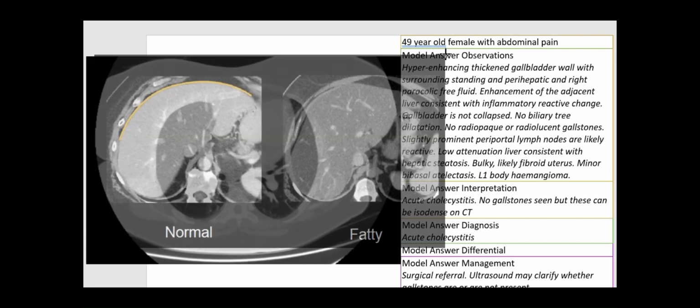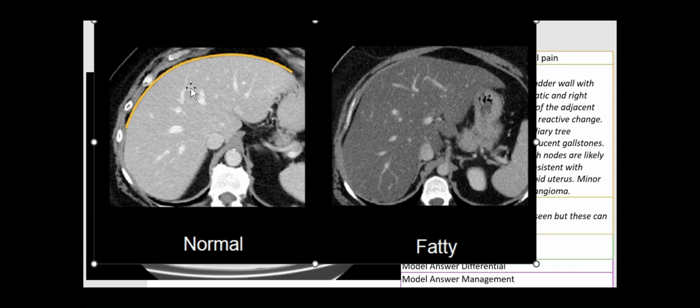So here, this is the normal hepatic attenuation compared to the spleen, of similar attenuation to the spleen. However, here, the hepatic attenuation is less than the splenic attenuation, consistent with fatty liver or hepatic steatosis.